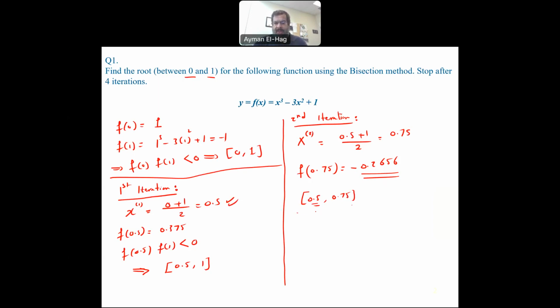So now this will take us to the third iteration. So x of 3 will equal 0.5 plus 0.75 divided by 2, and this will give me 0.625. Now I need to find f of 0.625, and this value is equal to 0.0723.